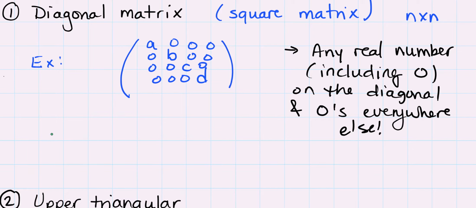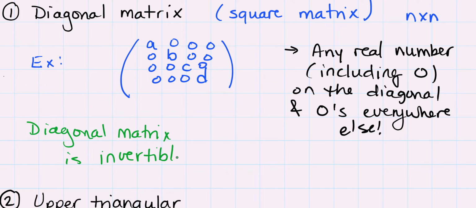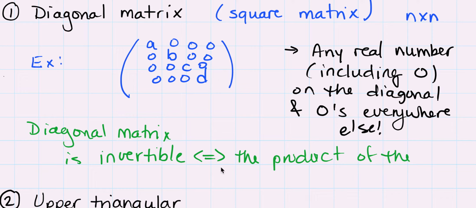So a diagonal matrix is invertible if and only if the product of the diagonal entries does not equal 0.